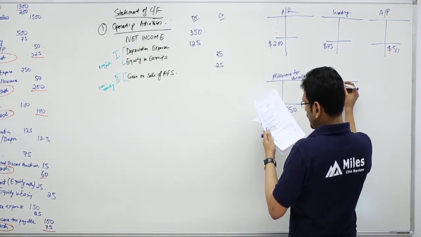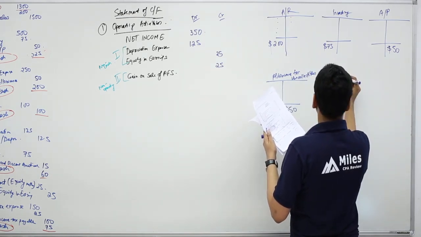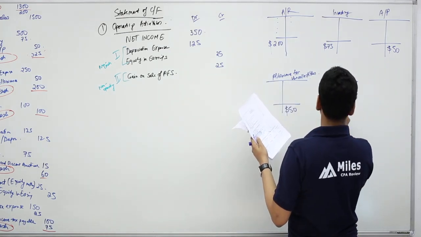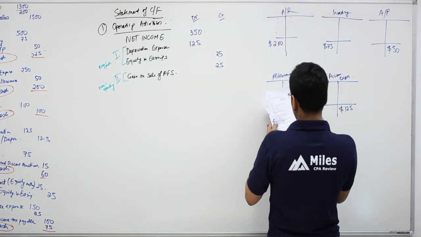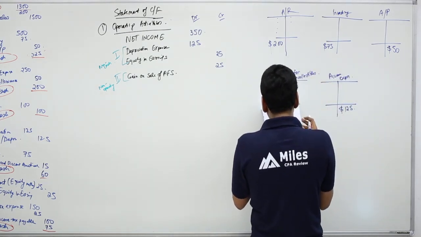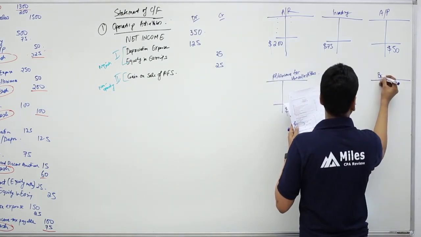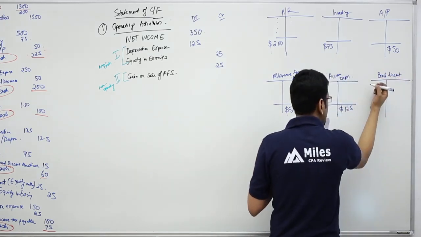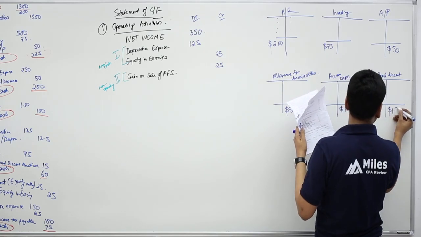Then you have accumulated depreciation, which increased by $125. You have a decrease in bond discount. Bond discount was a debit number. The decrease, generally by amortization, is $15 here.